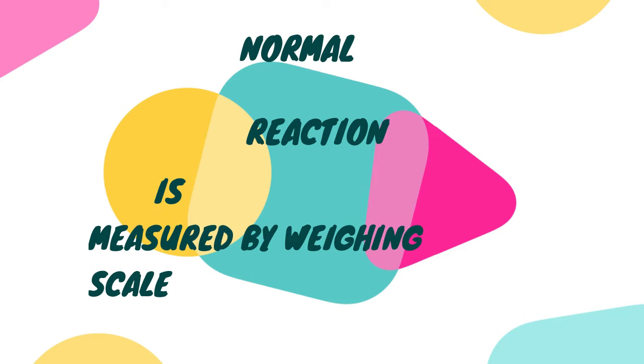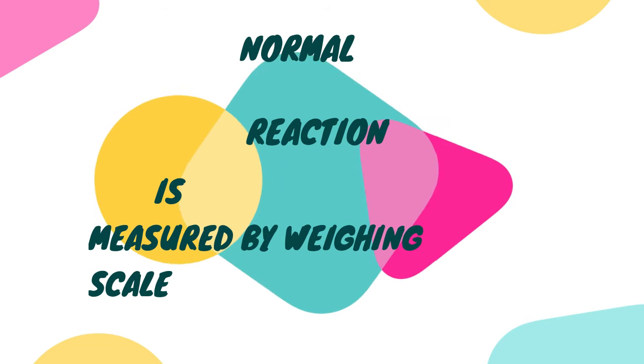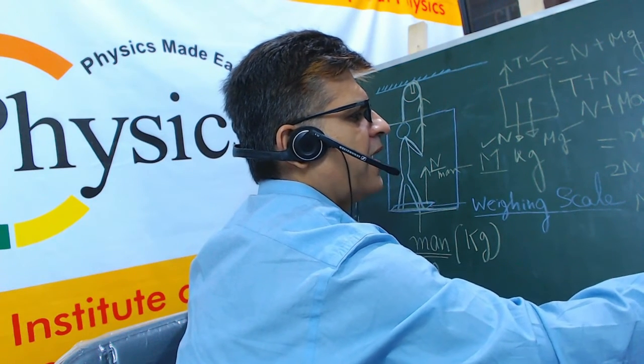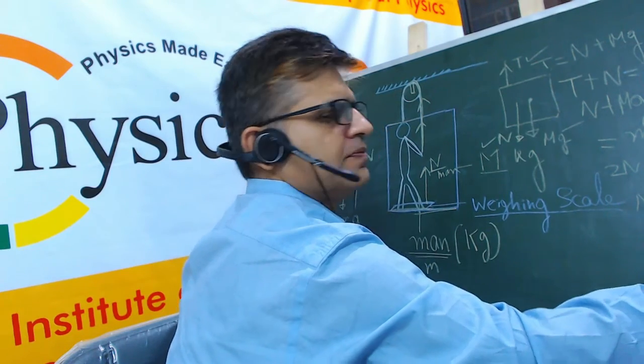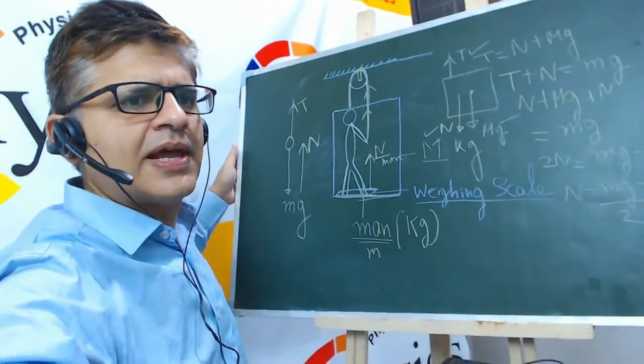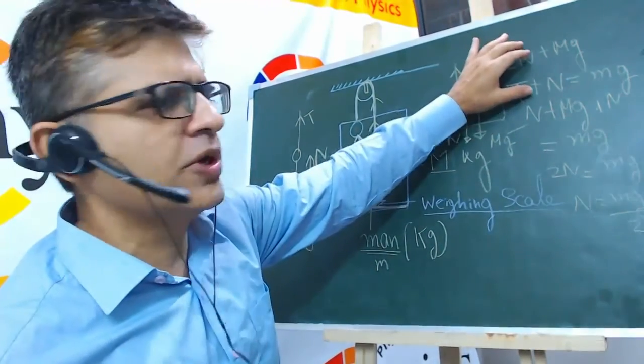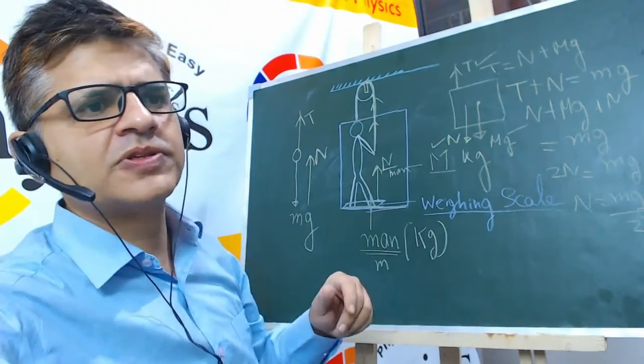It comes out to be N plus capital Mg plus N equal to mg, so 2N is equal to mg minus Mg, and therefore the normal reaction is (mg minus Mg) upon 2. That's the calculation of the two equations.